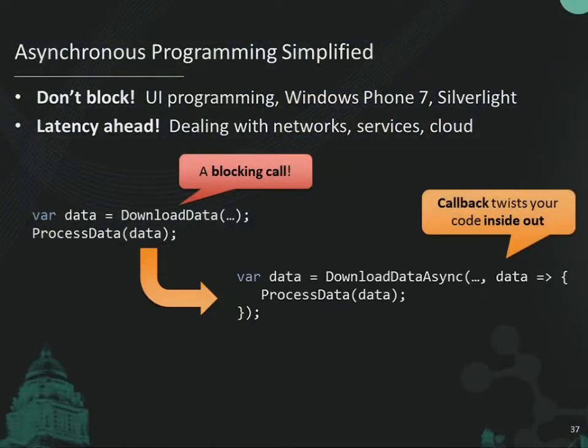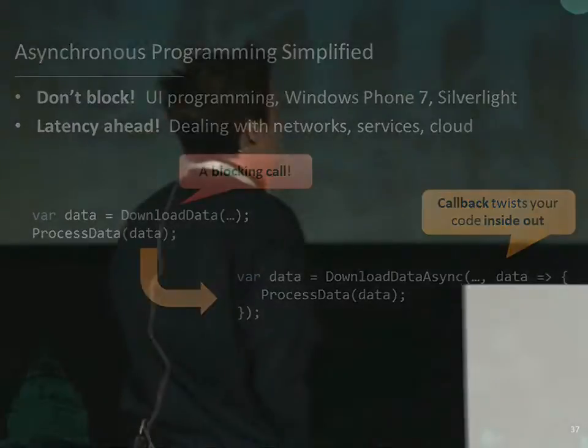So in order to make this async, historically you've been asked to do unnatural acts like this, where you say, instead of calling DownloadData, I now need to call DownloadDataAsync or BeginDownloadData. And I need to pass in some callback function. In this case, I'm passing in a lambda expression that will process the data once it's available.